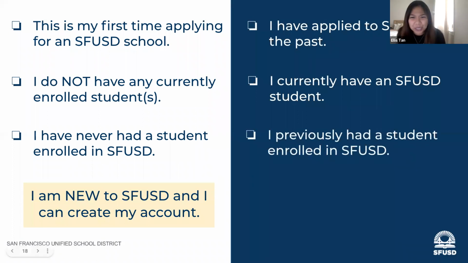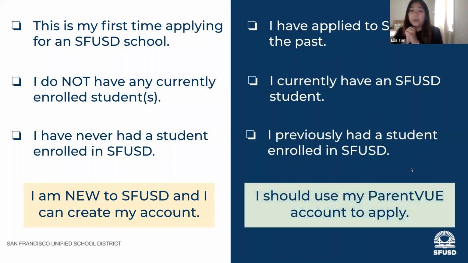Or like somebody asked earlier, I have previously had an SFUSD student, we left the district and are coming back. What do I do? You should use your parent view account to apply. If you do not have a parent view account, you can ask us for an activation code, and I'm going to show you what that means.